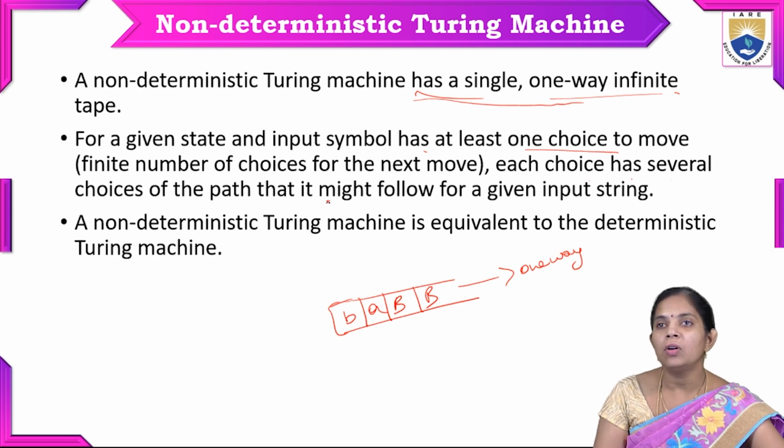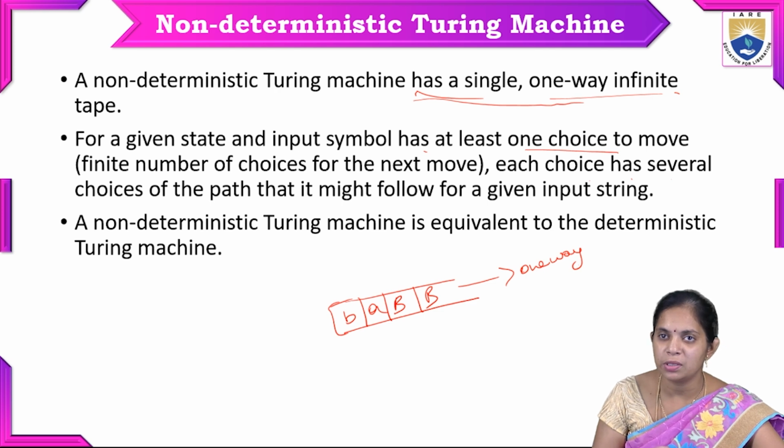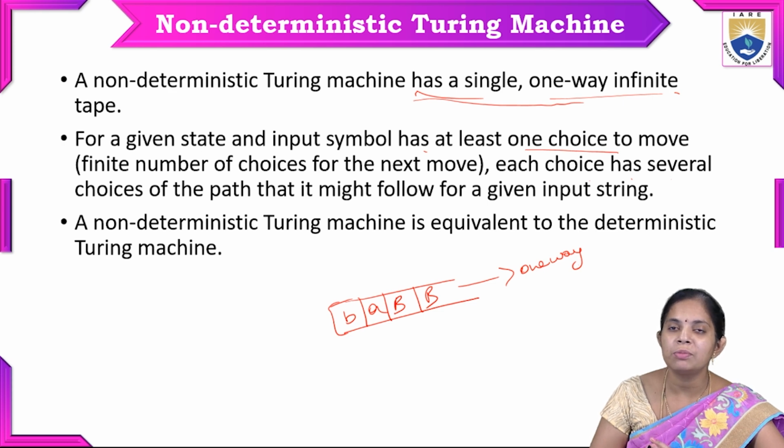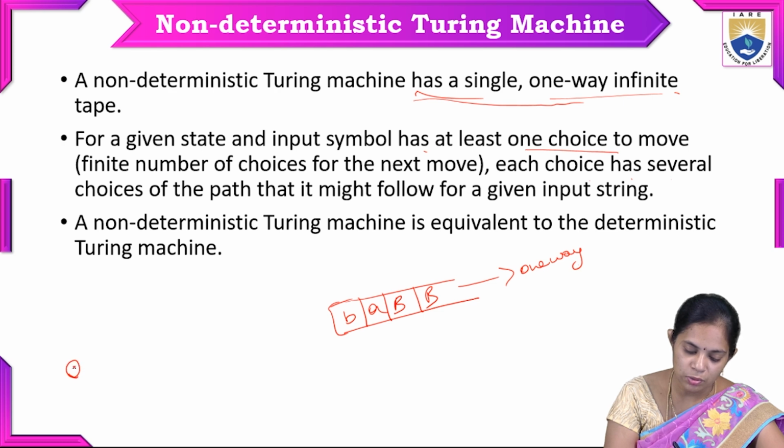So here we already know what is meant by non-deterministic, and what is meant by deterministic. Deterministic is nothing but DFA, deterministic finite automata. For a single state, here Q naught is the single state, what are the inputs we have? 0, 1.